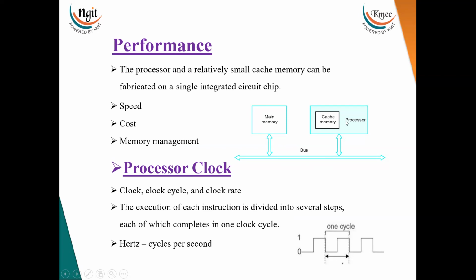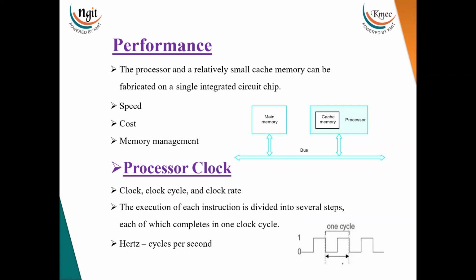If the processor needs the same data a second time, it will get it from the cache memory. If the data is not available, only then will it go to the main memory. Thereby, the fetching time is reduced. If the fetching time is reduced, the overall execution time is also reduced, and thereby we can improve the system performance. This is one way we can improve the performance of the system, by introducing the cache memory within the processor.